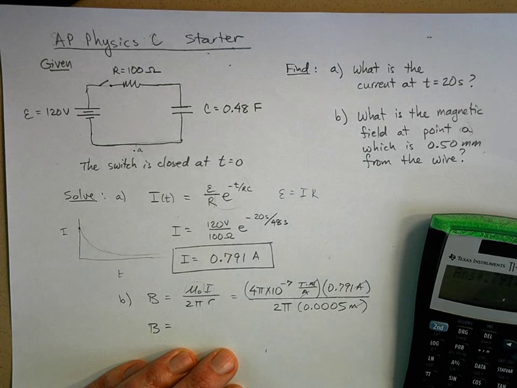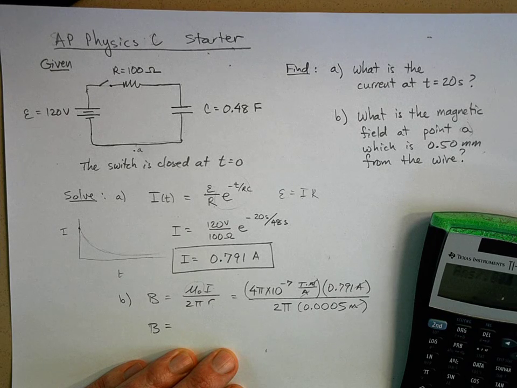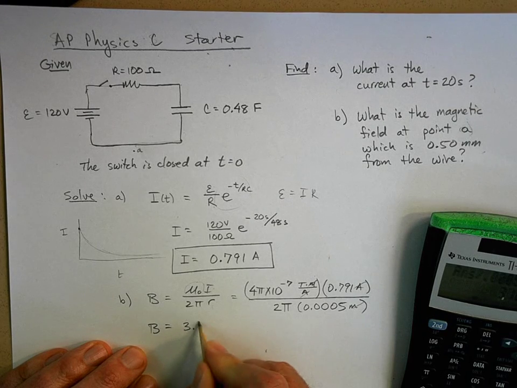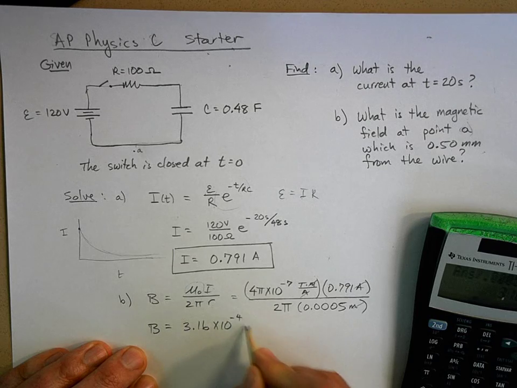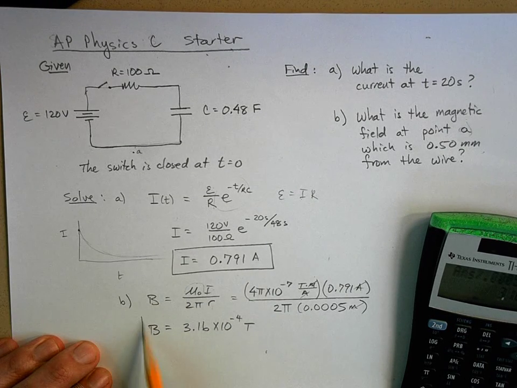I should have just canceled out, oh well. And I got 3.16 times 10 to the negative 4 Teslas. Is that what you guys got? Okay.